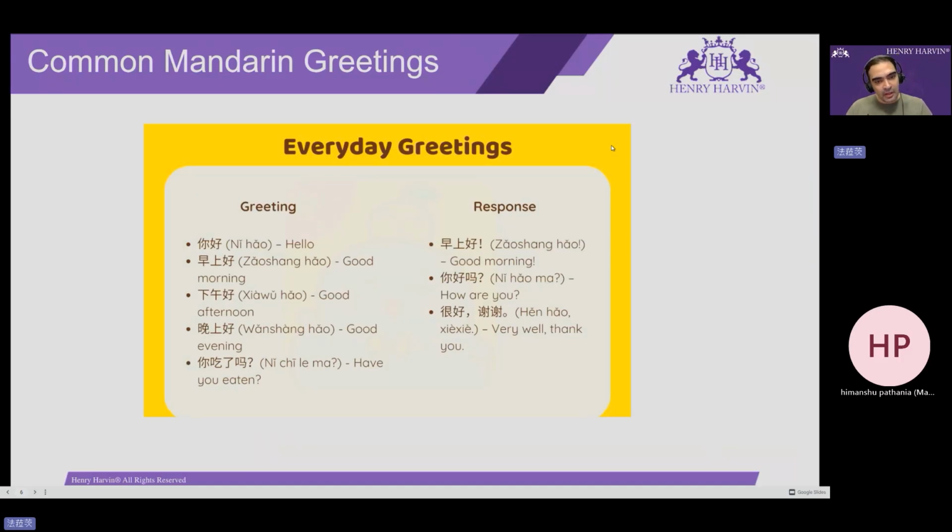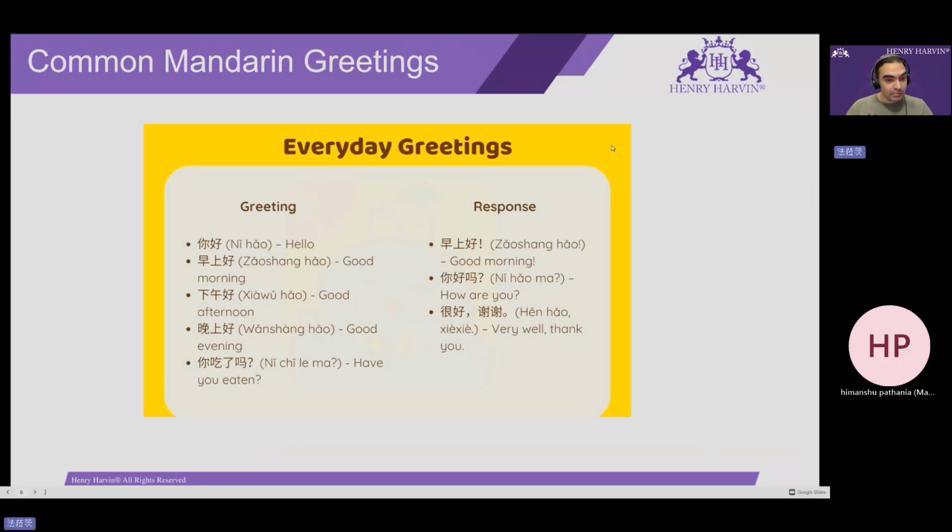And then we have the next expression, which is 早上好. 早上好 means good morning. And it is also used to greet someone, especially during the morning time. And then we have 下午好, good afternoon. This expression is used for good afternoon.